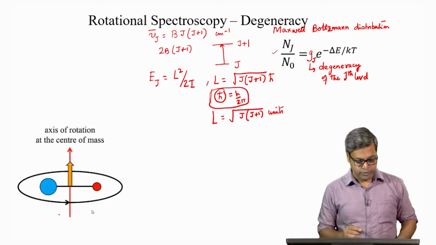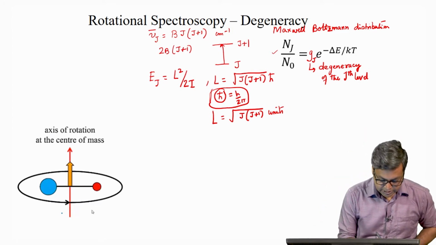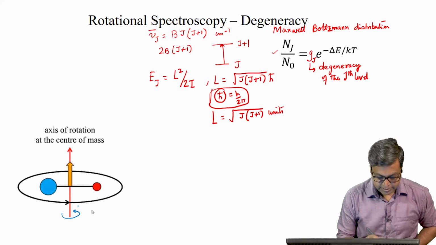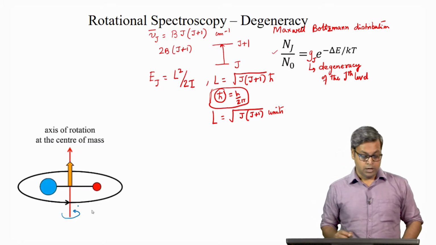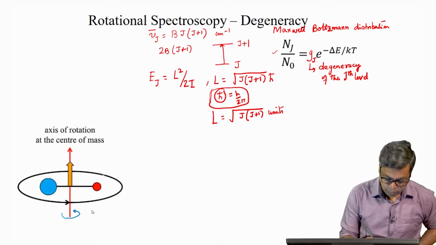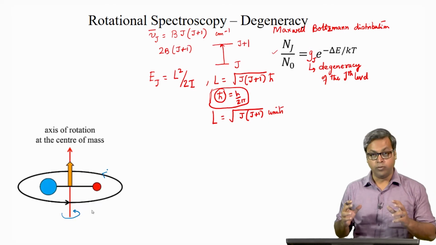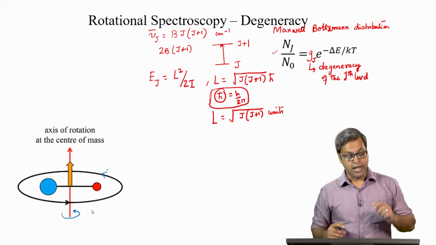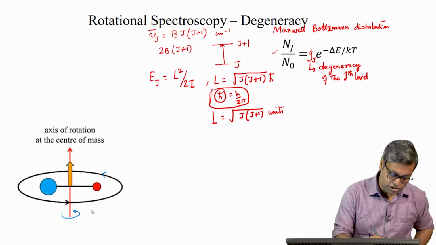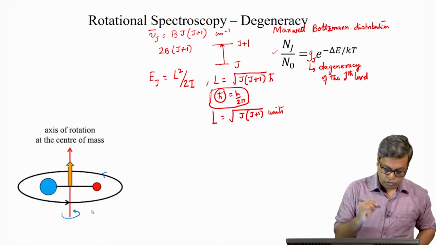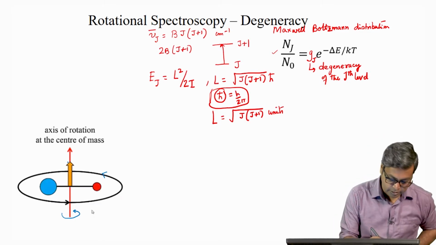This red arrow is the axis of rotation around the center of mass. We can see from this arrow that this diatomic molecule is rotating anticlockwise. This yellow or orange arrow shows the angular momentum vector.